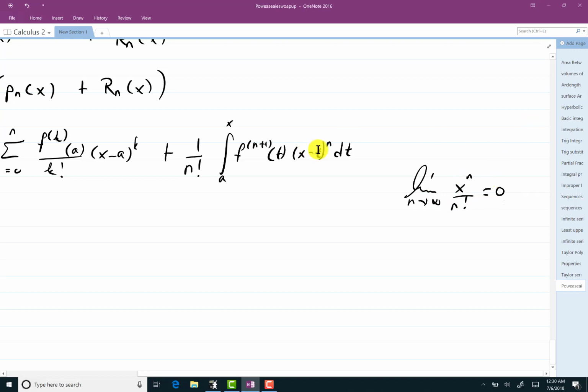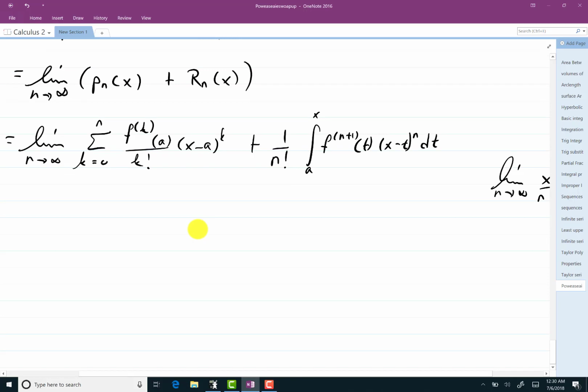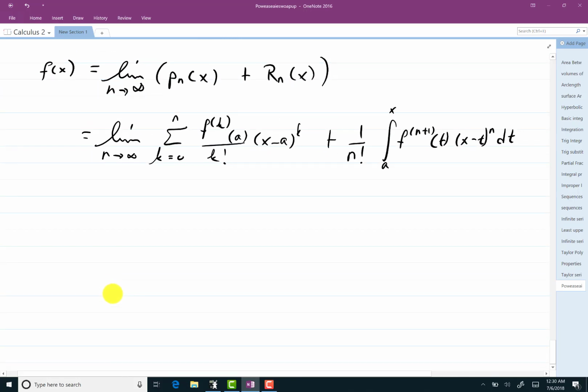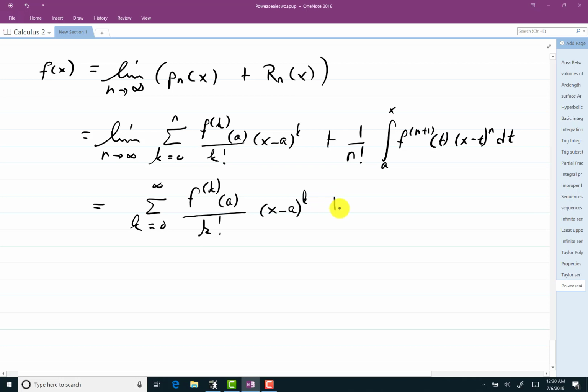So somehow you'll get this and this involved to get that. So what that means is that as n goes to infinity, I am going to get the sum from k equals 0 to infinity, f to the k of a all over k factorial times x minus a to the k, plus this part will be 0.